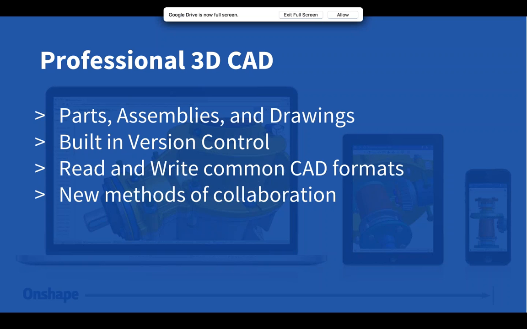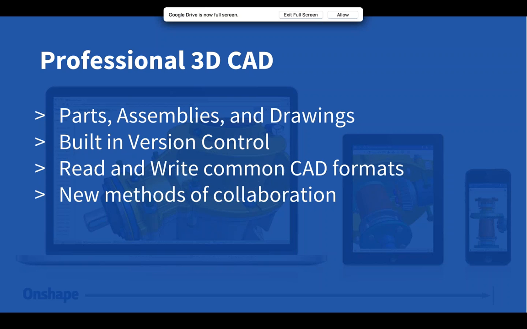These new methods include real-time simultaneous editing between users. Our comment capabilities allow you to mark up and tag different features. We even have a follow mode that allows you to see each other's screen in real time. These really set the standard for how web-based CAD should be done with our collaborative tools.